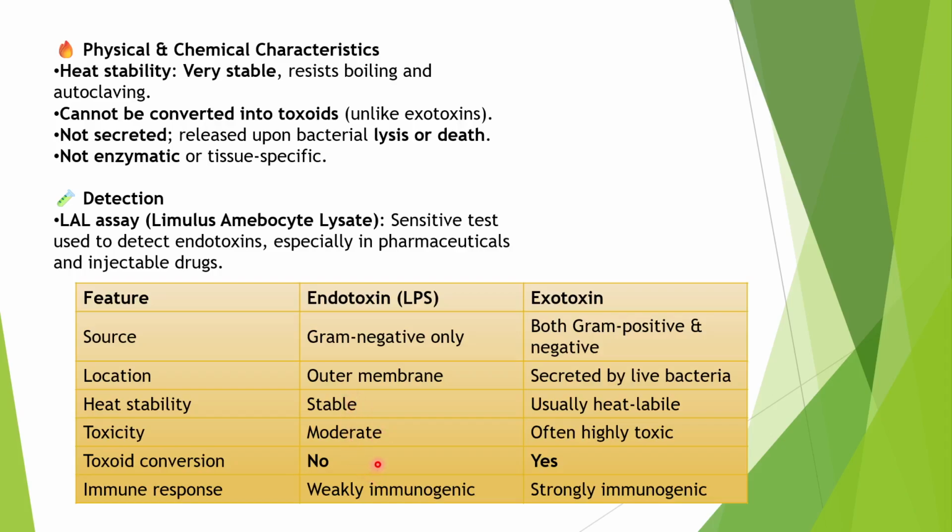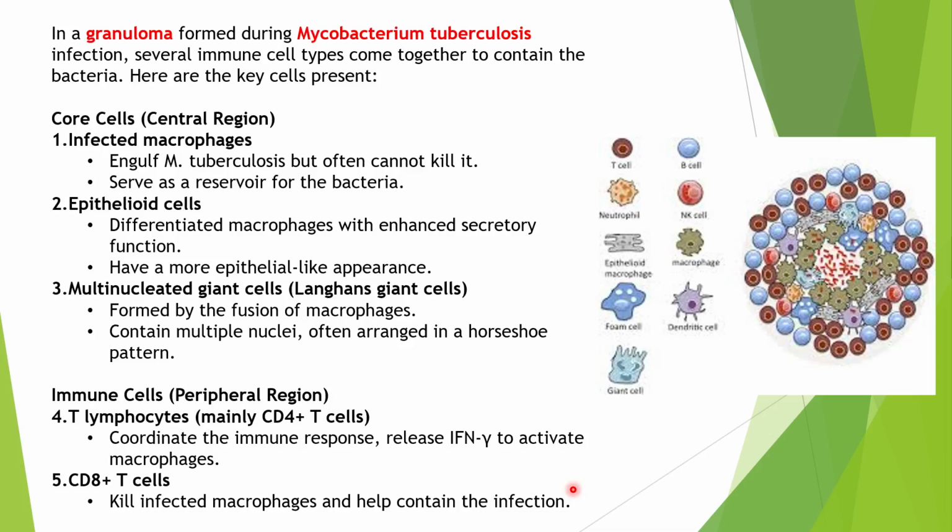It is a no for endotoxin, as we also saw that it cannot be converted into toxoids, but exotoxin can be converted into toxoids. Then immune response: endotoxin is weakly immunogenic and exotoxin is strongly immunogenic. So these are the key differences or basic differences between exotoxin and endotoxin.